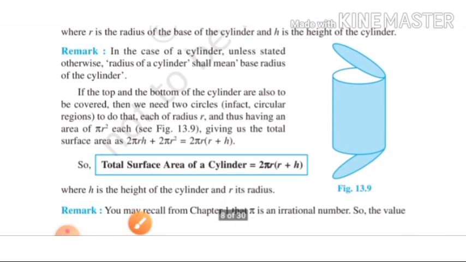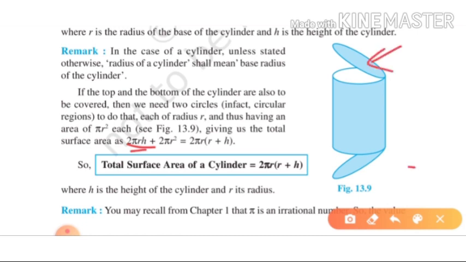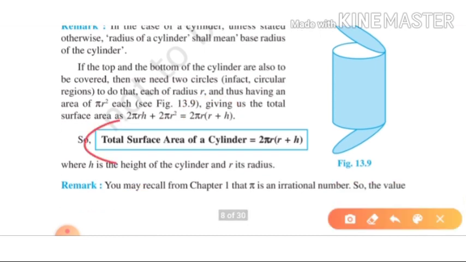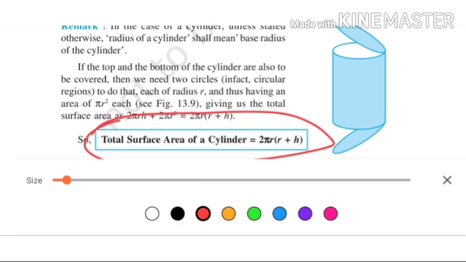So we are adding to twice pi r H, the curved surface area, these two circles: pi r square plus pi r square is 2 pi r square. So 2 pi r h plus 2 pi r square, if we take r common, we have 2 pi r into (r plus h), which is the total surface area of a cylinder.